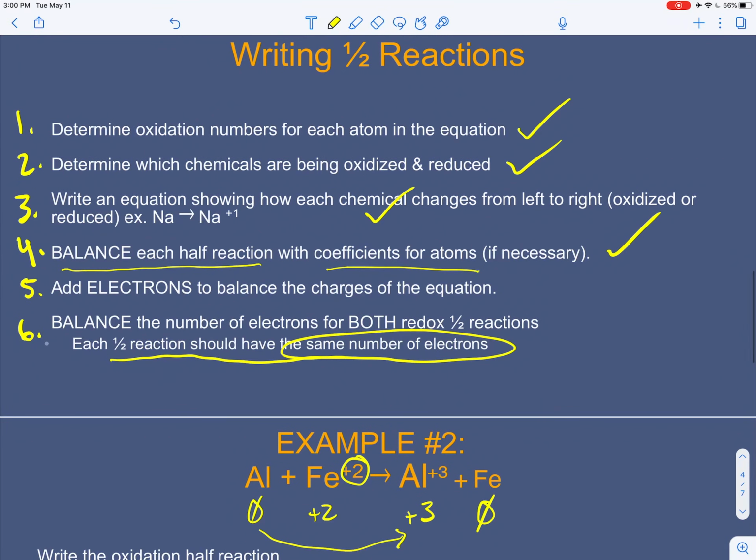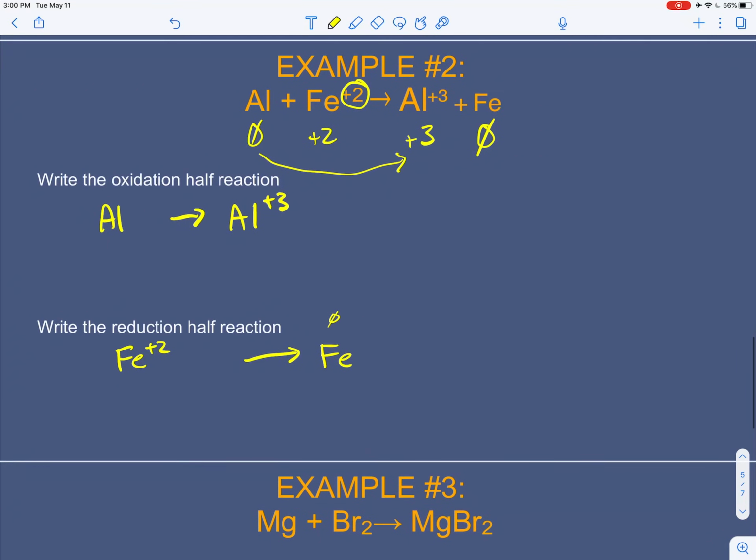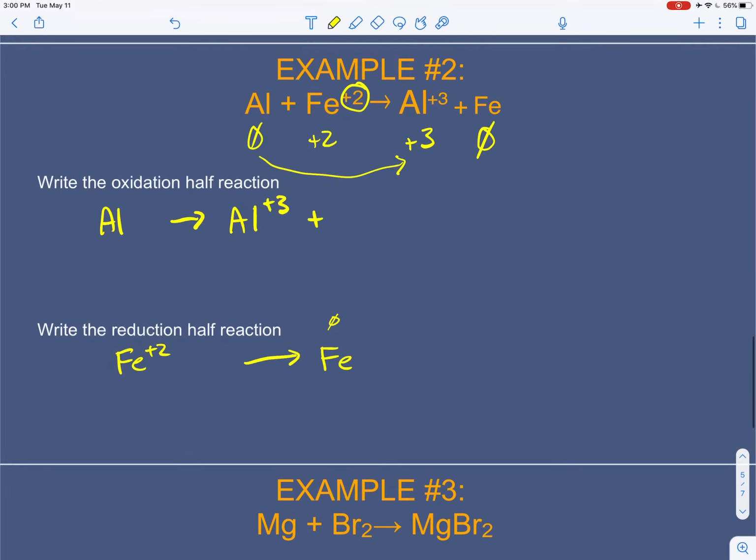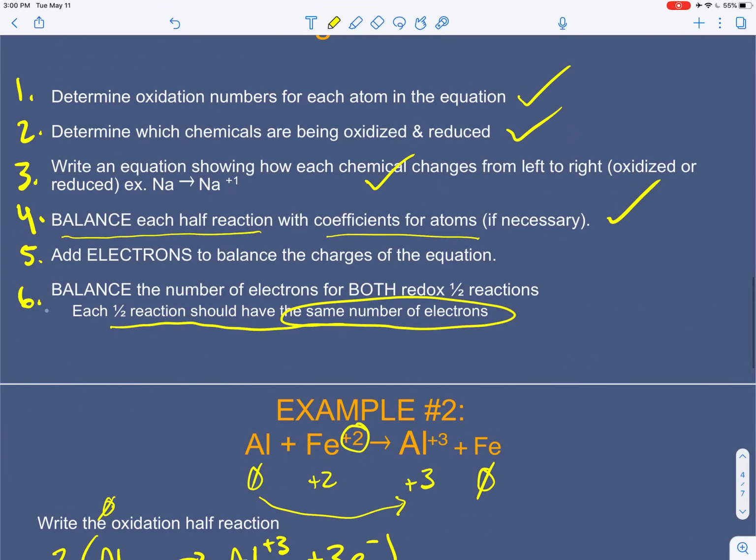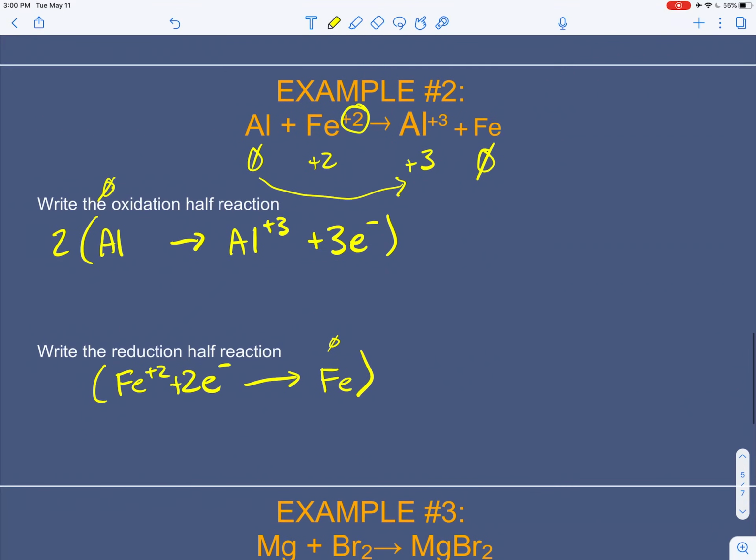But step 5, add electrons to balance the charges. Let's go ahead and do that. If I've got +3 here, I'm going to need 3 electrons to balance that out. Again, the overall charge on this side is 0. If I've got +2 on the left side, I'm going to add 2 electrons here to make the overall charge on both of these equal to 0. Next, I'm going to multiply everything because I want the same number of electrons on both sides. So in this case, I'm going to try to get 6 electrons.